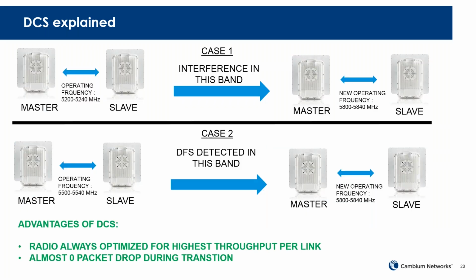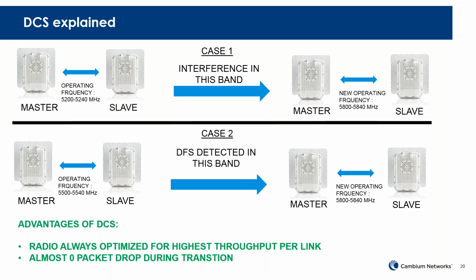So another way to explain it is, let's say on the top half of the picture you have a master and slave radio, operating at 40 megahertz between 5200 and 5240, and for some reason you find interference on this band. Then DCS kicks in, and without losing any packets, the radio automatically switches to 5800 to 5840.